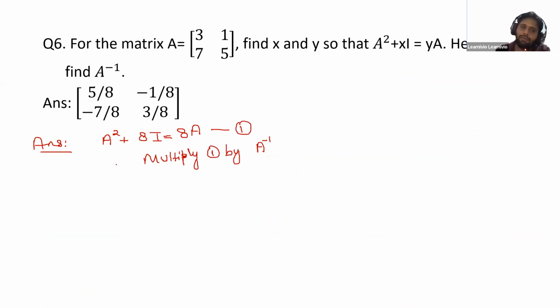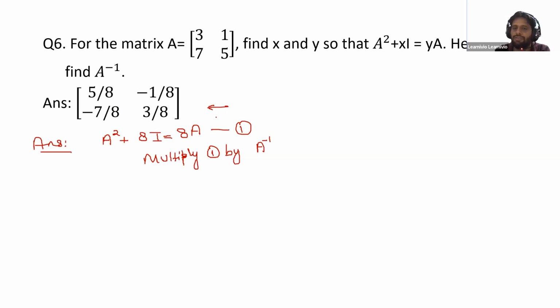So what we will get? Please remember, while you are doing a multiplication in matrices, you have two choices. You can multiply from this side or from this side. It's your choice. If you're multiplying from this side, then please multiply all the matrices from this side only.